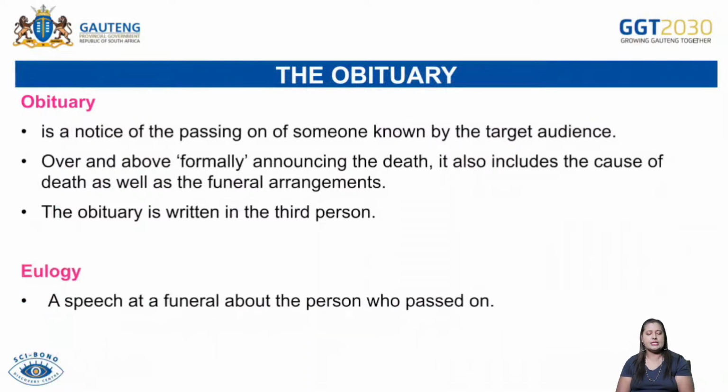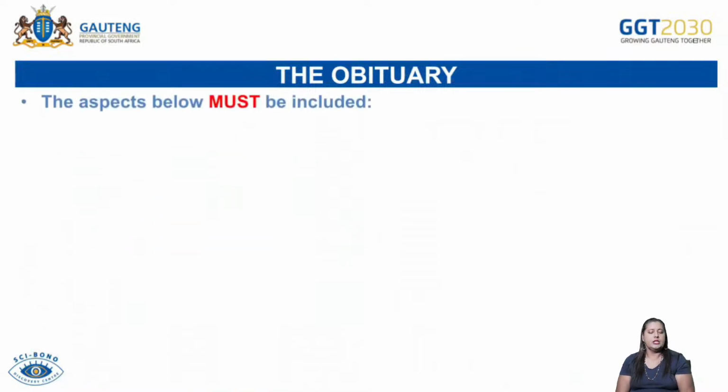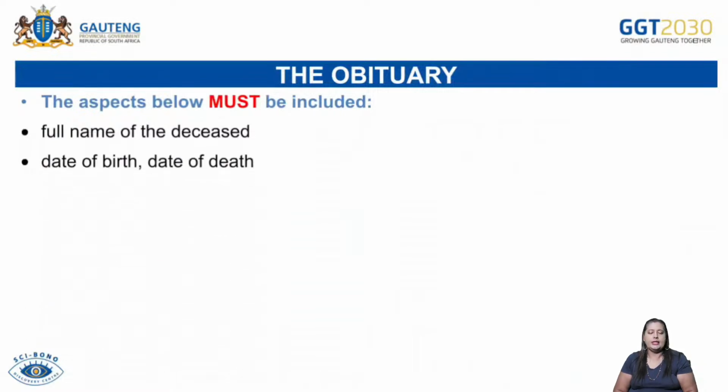The eulogy is the speech that's done at the funeral about the person who has passed on. So there's the variation here. Be careful that you do not do the opposite of what's required. All right. So the aspects that you must look at including is the full name of the person who's passed on, his or her date of birth, and the date of death, sorry, and date of birth, right?